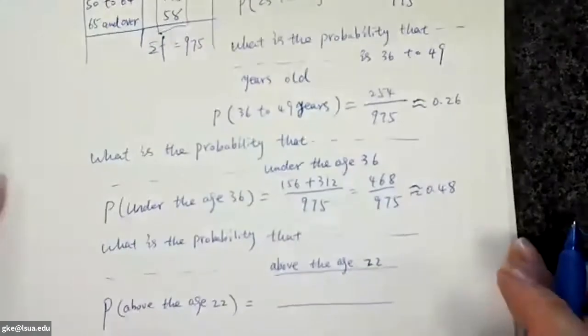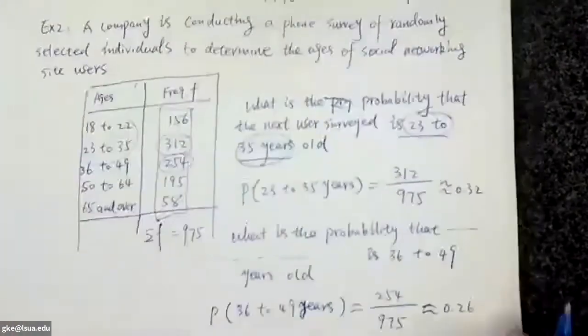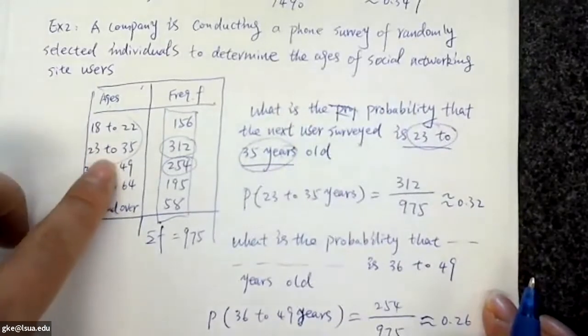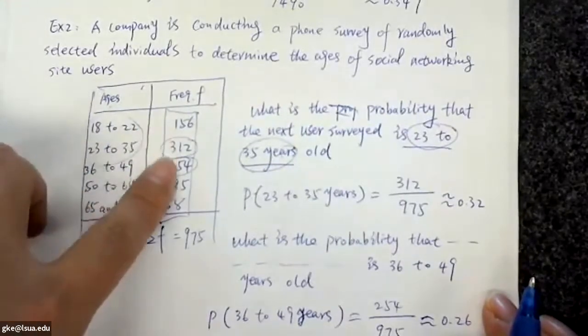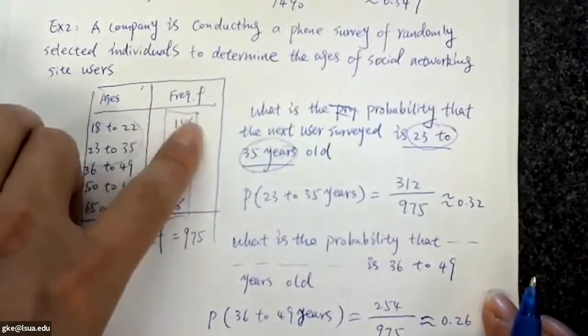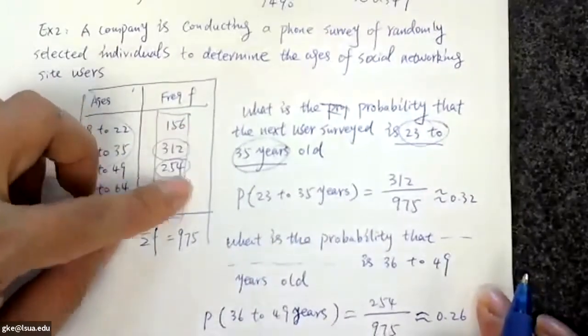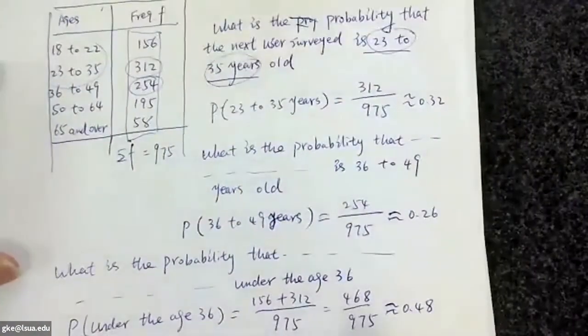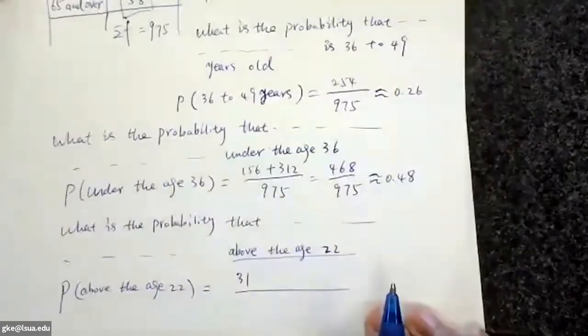So we're gonna check the table above the age 22. It's gonna be 23 to 35. Also include all these columns, right? Except this value. So we're gonna add all these values together.